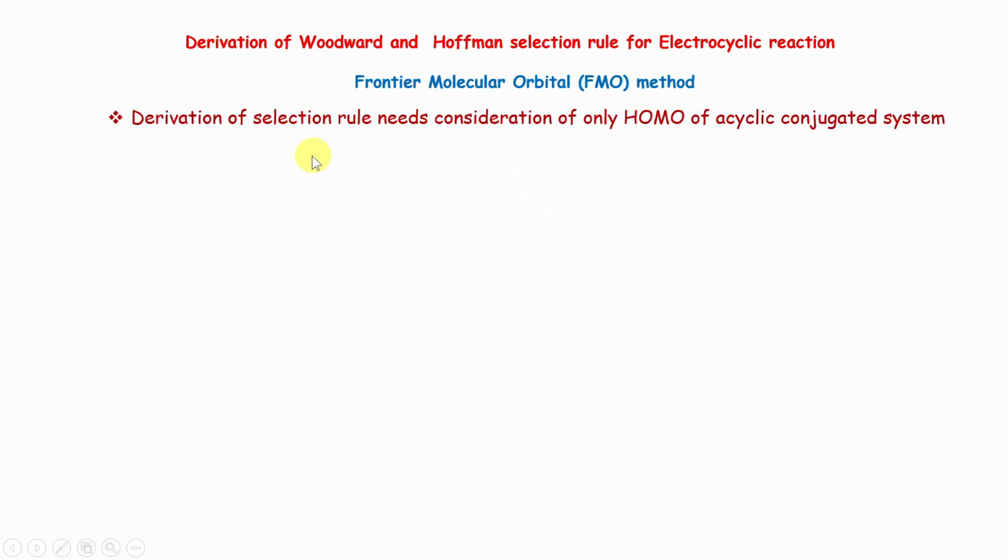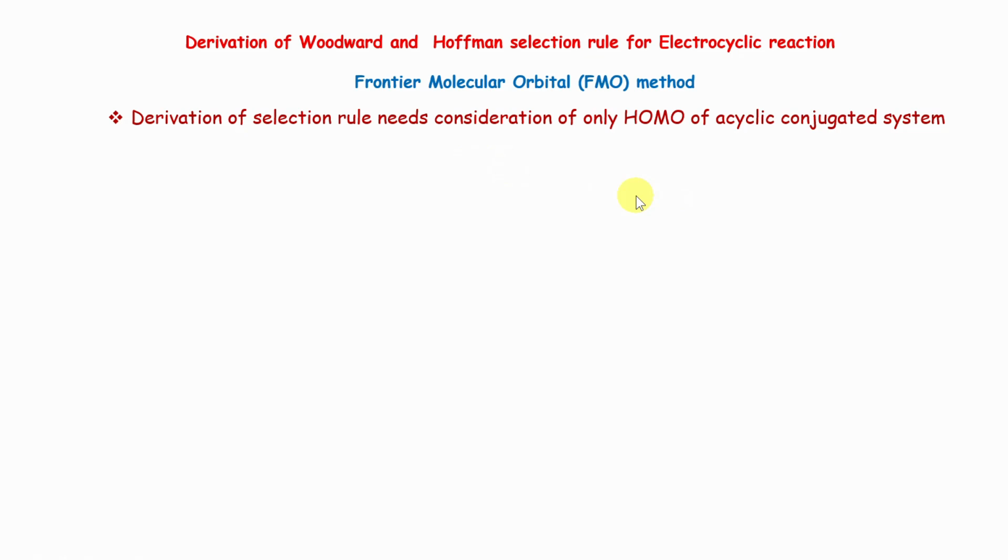Derivation of the selection rule needs consideration of only the HOMO, the highest occupied molecular orbital, of the acyclic conjugated system for the electrocyclic reaction. We are considering the HOMO in the ground state in order to examine whether this reaction takes place thermally by either of the rotations, conrotation or disrotation.